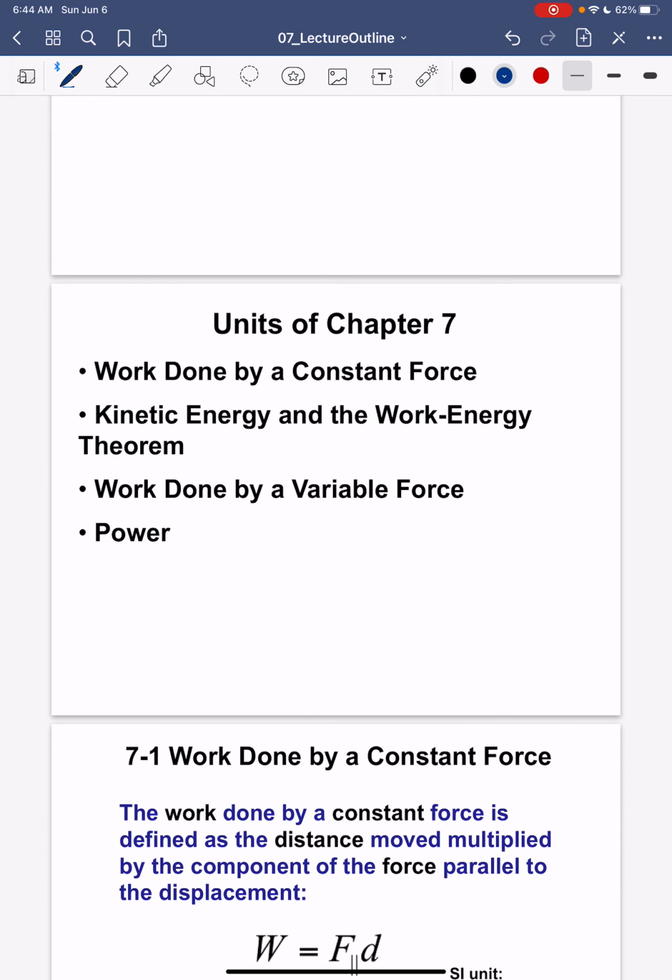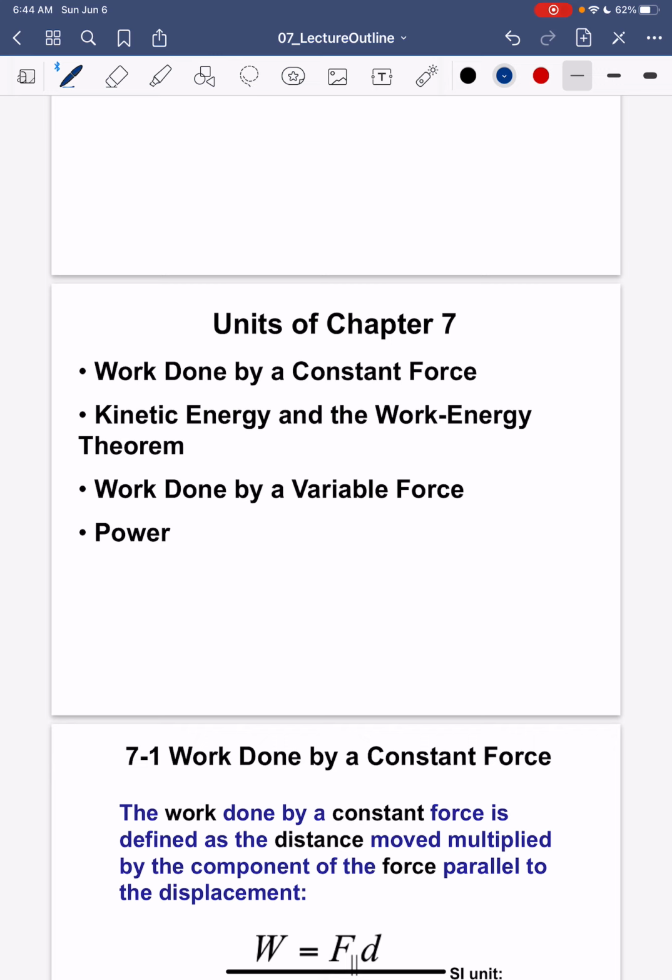Okay, then the first thing we are going to do is calculate the work done by a constant force. In the first part, you're going to see always that my assumption is my force is constant, or I am talking about the average value of the force.